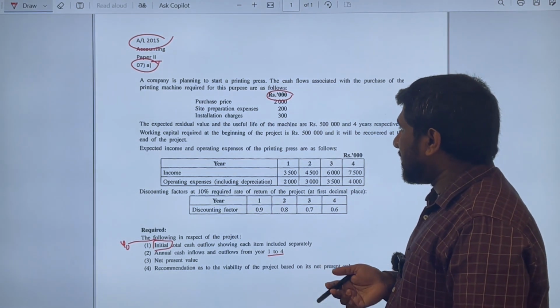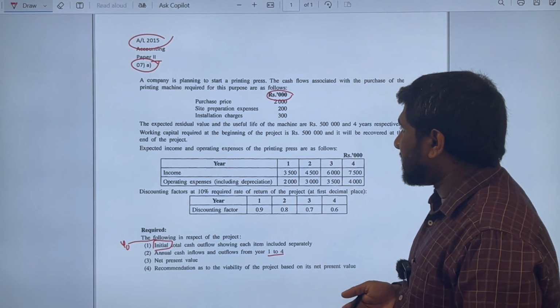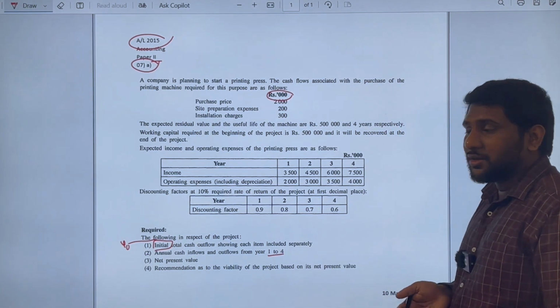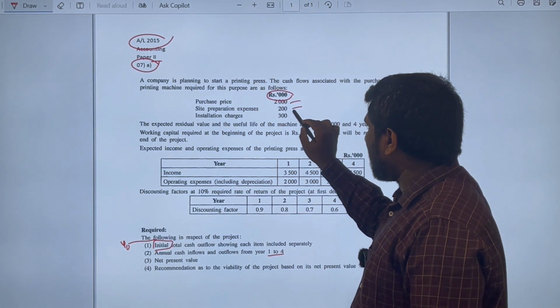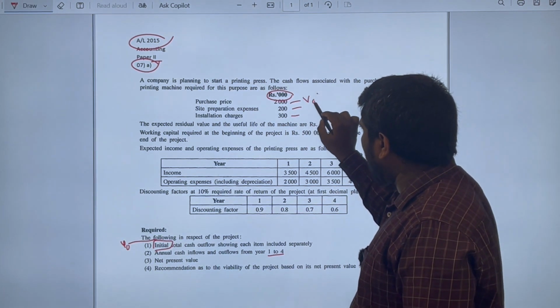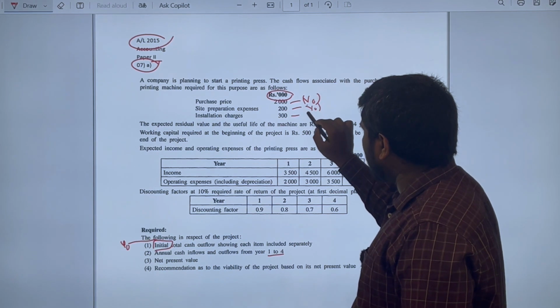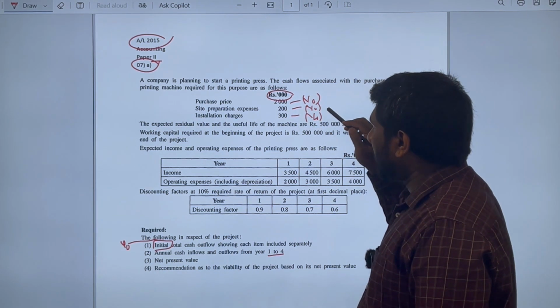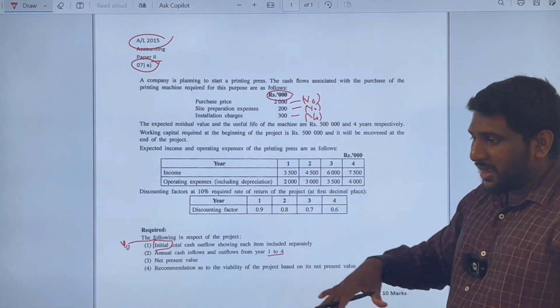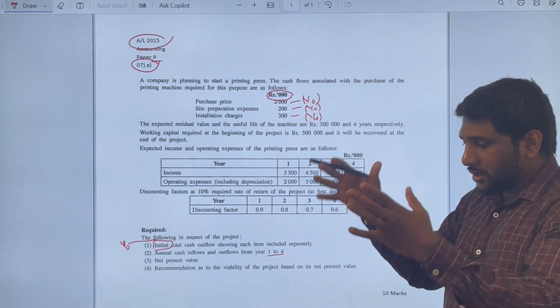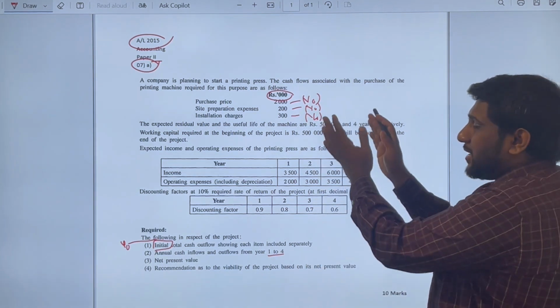Purchase price of the machine is 2000, site preparation expense is 200, installation charges 300. All these are going to be cash outflows for year 0, because for the purchase we have to spend money, to prepare the site we have to spend money, to install the machine we have to spend money. So that's why it is cash outflow.